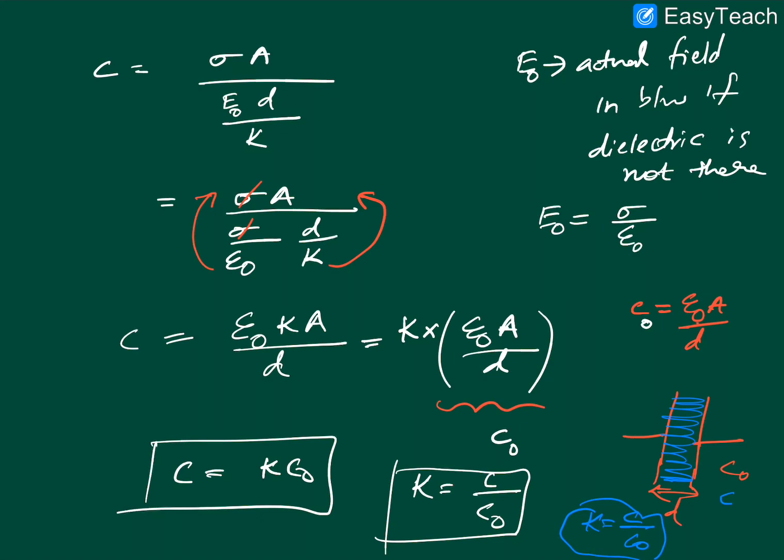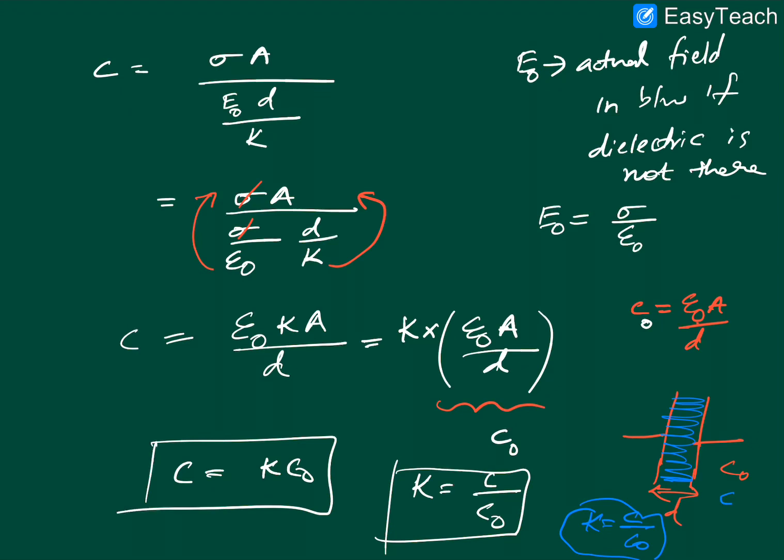This will give you the dielectric constant of that material. And for different material, dielectric constant will be different. When dielectric constant increases, that means if you use a material with high dielectric constant, then capacitance will also be greater. This is the relationship between dielectric constant and capacitance. When you place a dielectric in between the metal plates of a capacitor, you can increase capacitance.